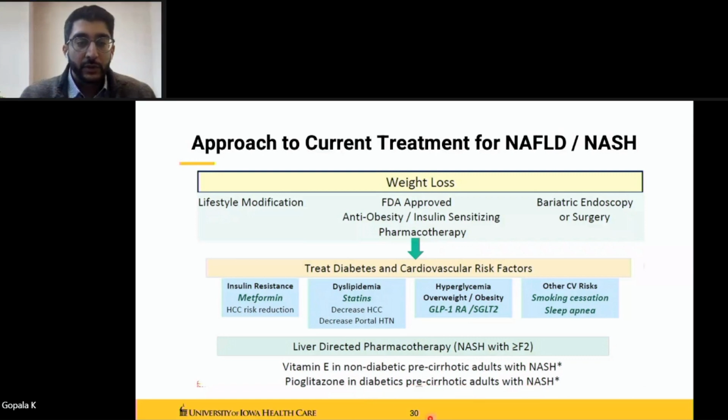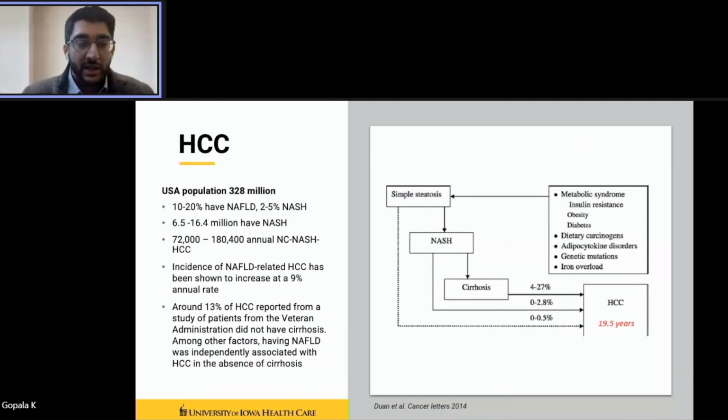So in terms of HCC in NASH, as I mentioned, people can progress the usual route of cirrhosis to HCC, but there is a portion of patients, up to 2.8%, that can go directly to HCC over a 20-year period. So as you can see, with the U.S. population, it can be a very high number.